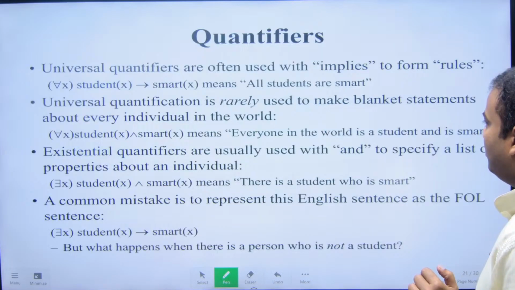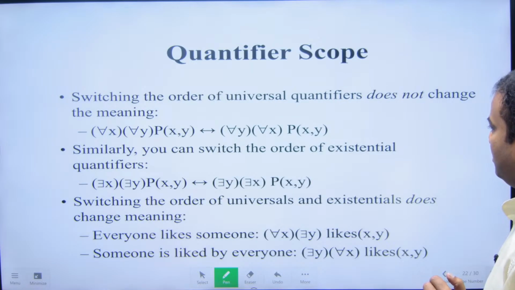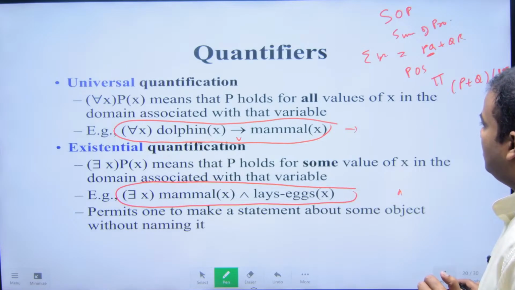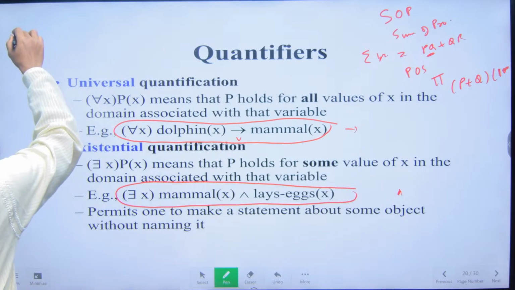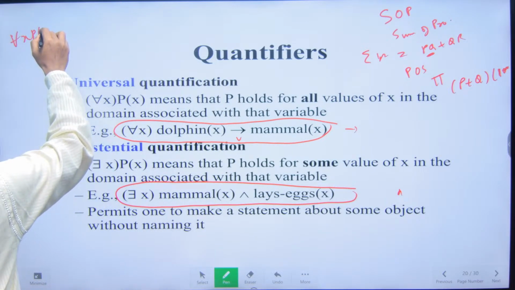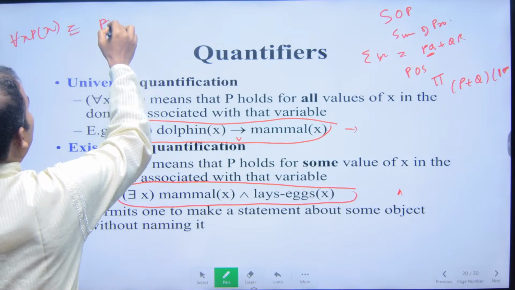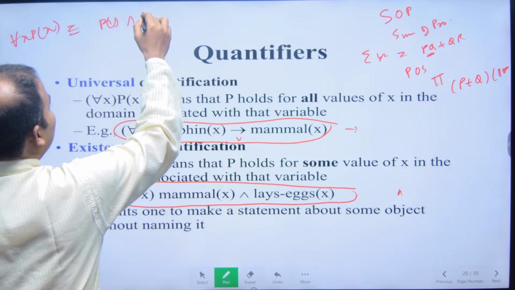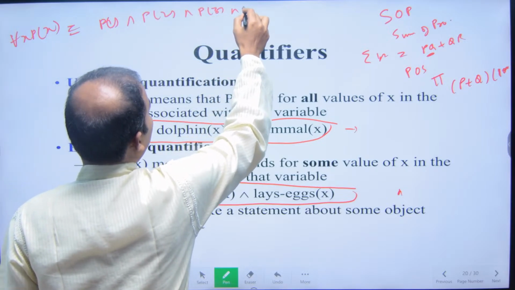What do you mean by for all? For all x, Px is the same as P1 is true, and P2 is true, and P3 is true, and P4 is true.